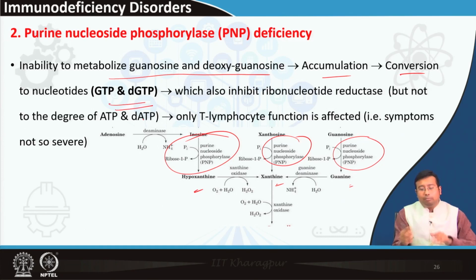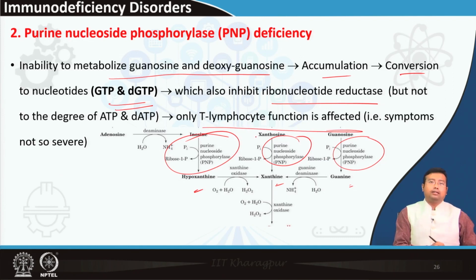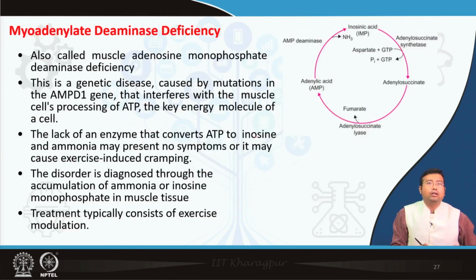They also inhibit ribonucleotide reductase. The mechanism is the same as ADA deficiency, but it is much less severe. So much so that only T lymphocyte function is affected, alright, whereas in ADA deficiency both T and B lymphocytes are affected and there is severe immunodeficiency. Here it is mild immunodeficiency, but both of them nevertheless fall into immunodeficiency disorders.